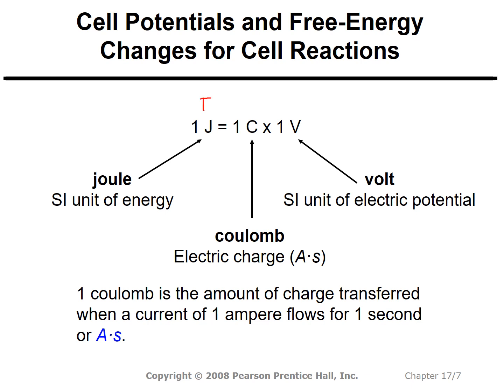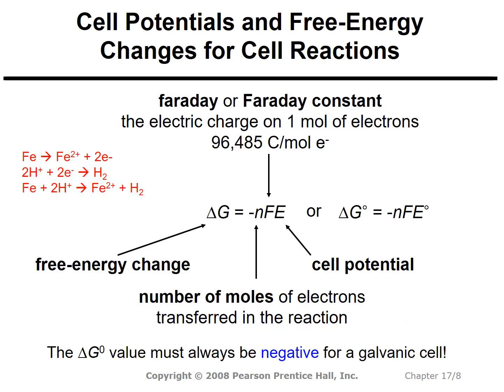So E is equal to QV. Q is the electric charge, its unit is coulomb, and V is the electric potential in volt. And of course, the unit of energy is joule here. I have said the energy is equal to QV.